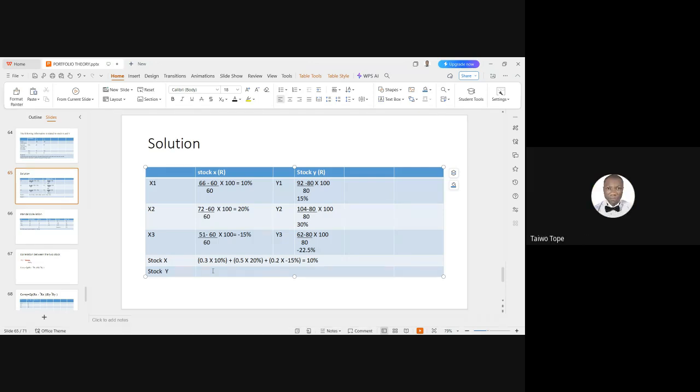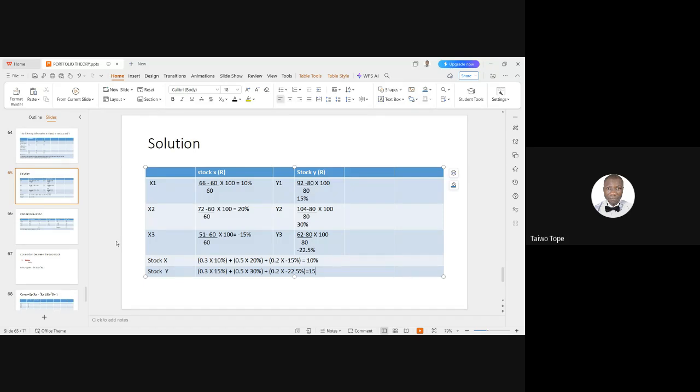So the return: 0.3 multiplied by 15%, plus 0.5 multiplied by 30%, plus 0.2 multiplied by minus 22.5%. So this will give you 15%.